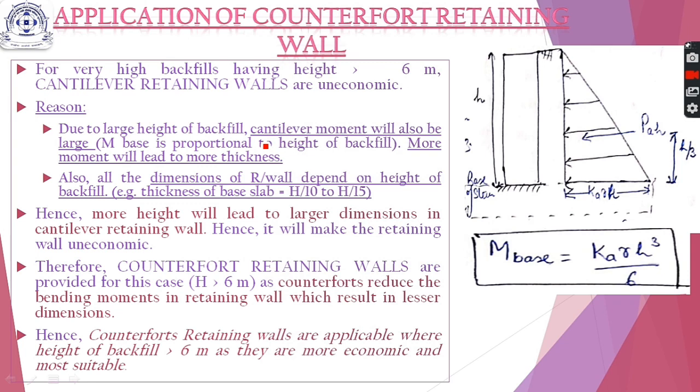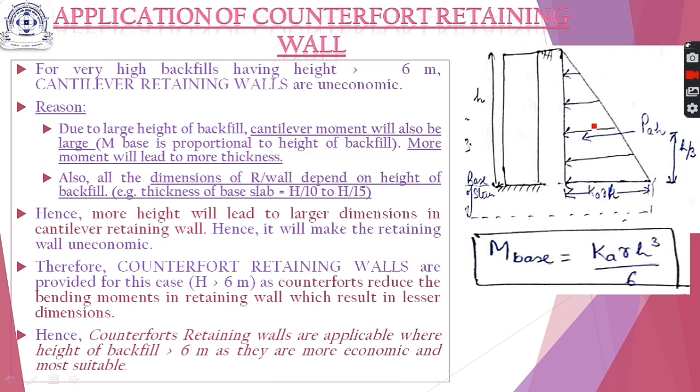So the question here is, why cannot we provide cantilever retaining wall for heights greater than 6 meter? The reason is that for very high backfills, if we provide a cantilever retaining wall, the wall will come out to be very uneconomic and unsuitable. The reason behind this is very simple and clear.